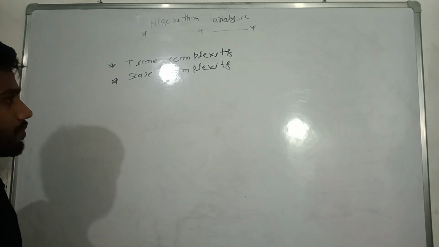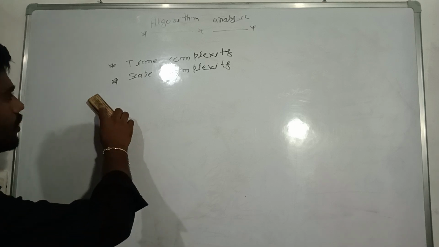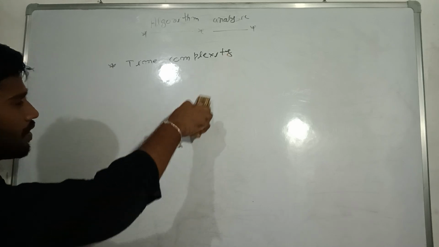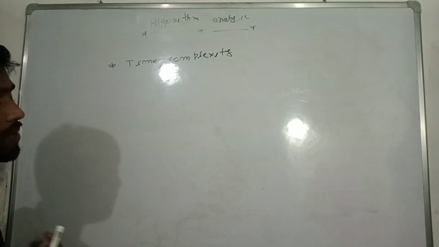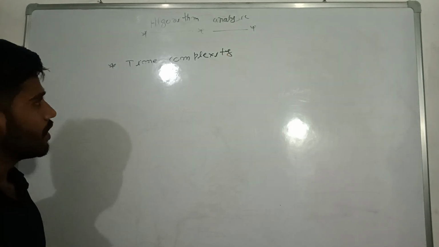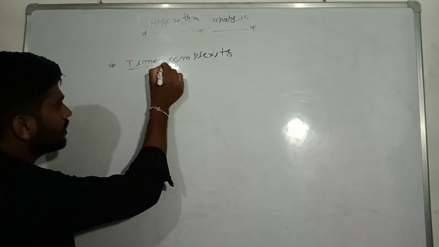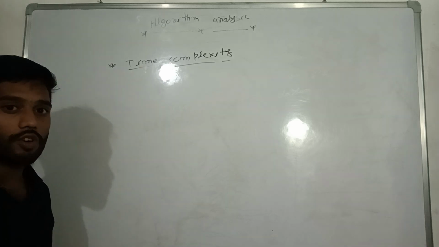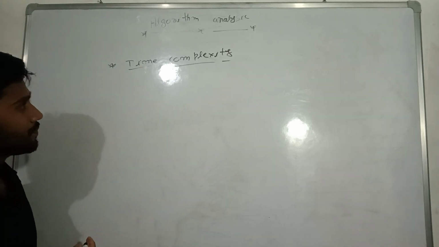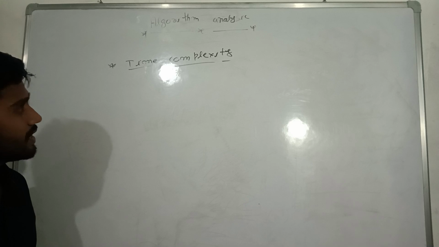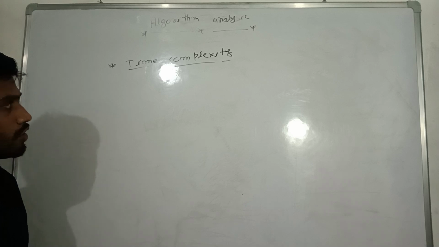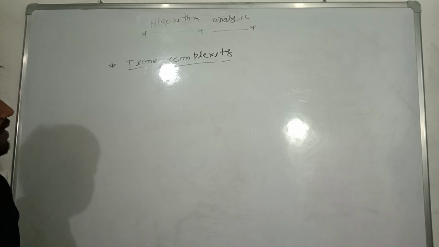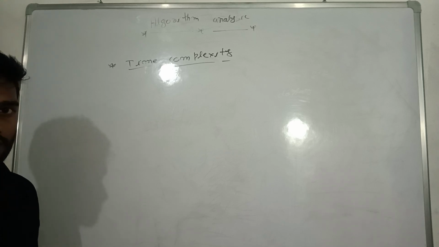Now at first we'll see time complexity. To analyze the time complexity, we will use asymptotic notations.